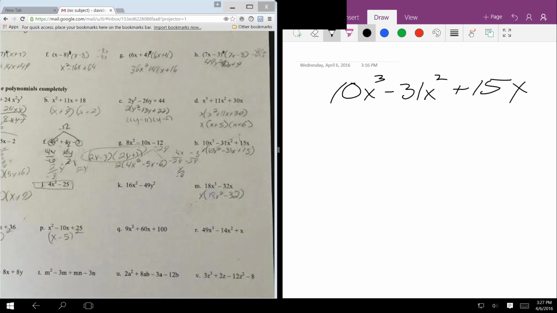Now, this is a cubic, but it's not really. We don't have to know how to factor cubics, because what's the greatest common factor here? X. So if I take an x out, I'm left with a quadratic.